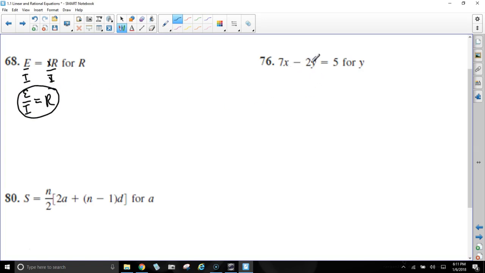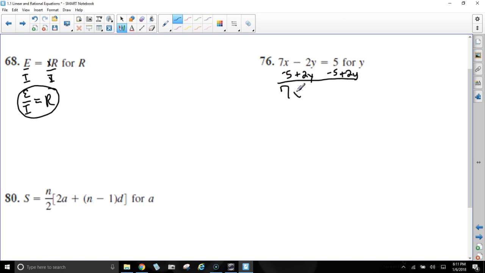Over here, 7x minus 2y equals 5. We want to solve that for y. We want to get y by itself. Anytime this is a negative, I would really like to go ahead and add 2y to both sides and then subtract 5 from both sides. You'll see why.